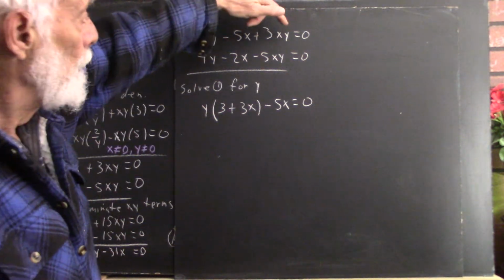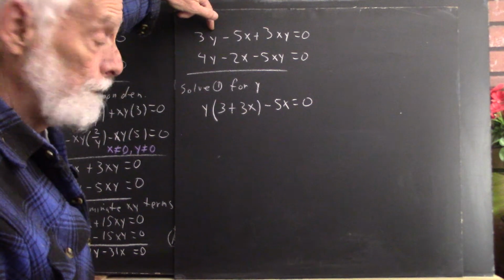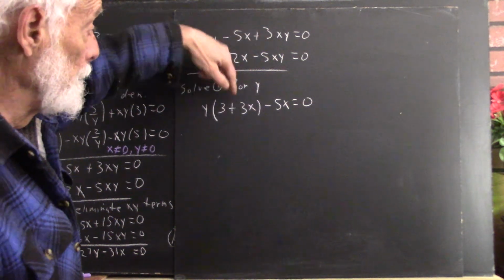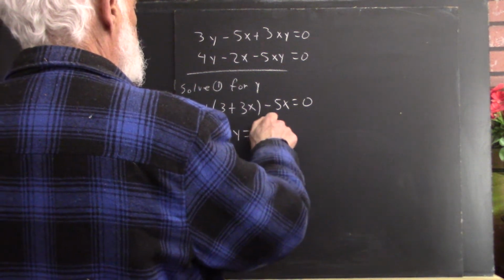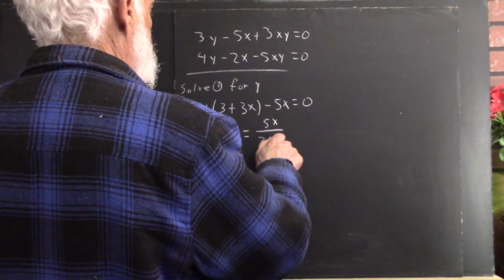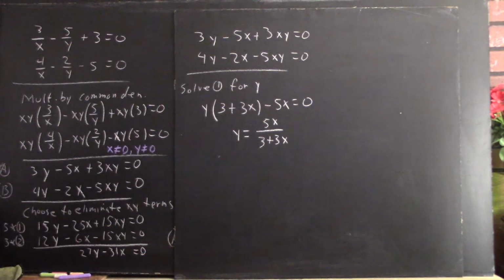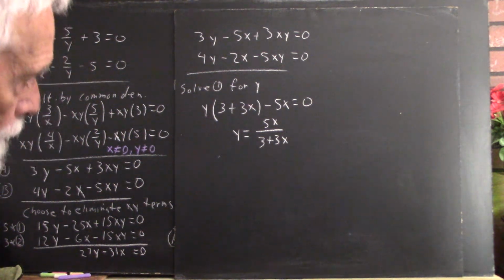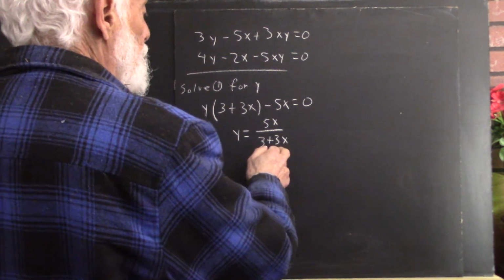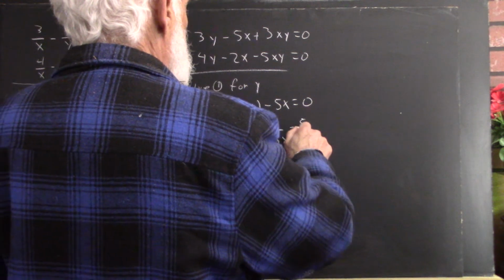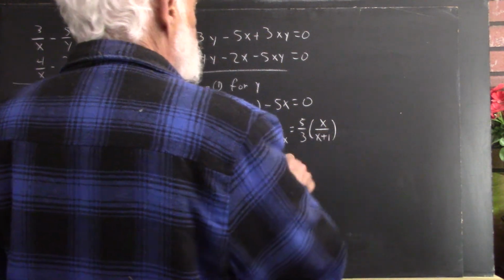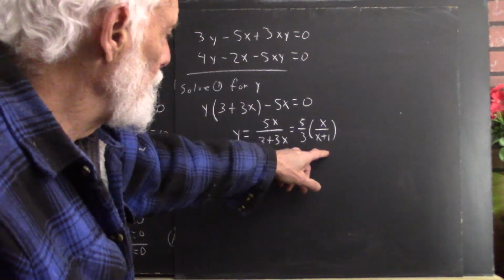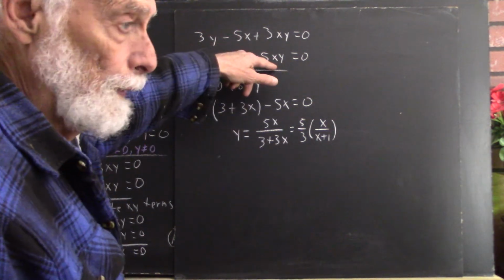Combining this term and this term, we factor out the y, and we get the 3 plus the 3x. So that y equals, skipping a step here, but it's a pretty obvious step, 5x over 3 plus 3x, and we could use it this way, but since the 3 is common to the denominator, we could write this as 5/3 times x over x plus 1, which might or might not be a little easier to deal with when we get up here.